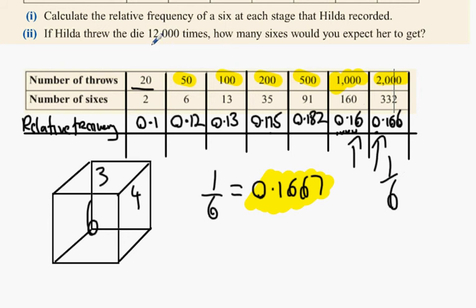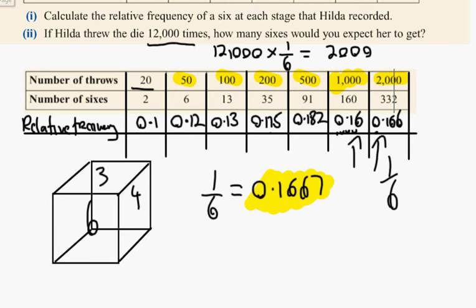Now, if Hilda threw the dice 12,000 times, how many sixes would she expect to get? 12,000 multiplied by, what's usually our chance for rolling a 6? Rolling a 6 is 1 in 6, which is 2,000 times. You're expecting each one to turn up 2,000 times: 2,000 ones, 2,000 twos, 2,000 threes, 2,000 fours, 2,000 fives, 2,000 sixes. Okay, evenly spread across the numbers.